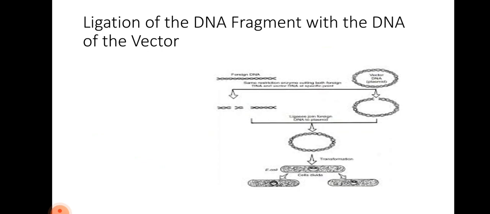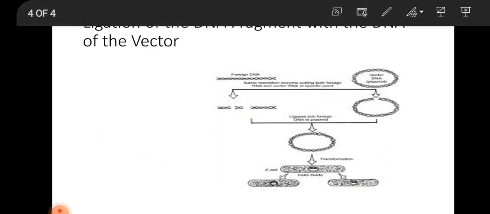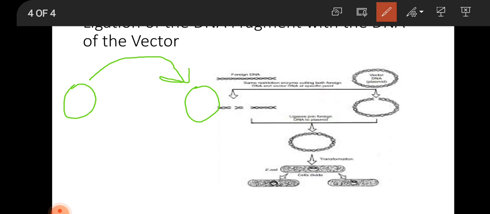You can see here, as I told you earlier, that if A organism has a quality of green color and we want to introduce this trait into the B organism or host organism, we will take the foreign DNA or gene of interest. So you can see in this diagram, there is a foreign DNA or gene of interest.